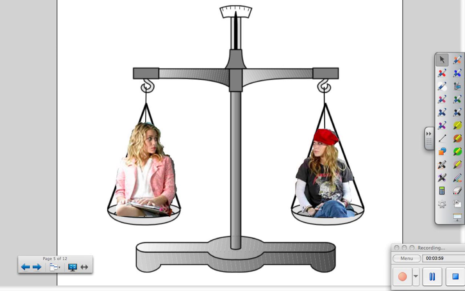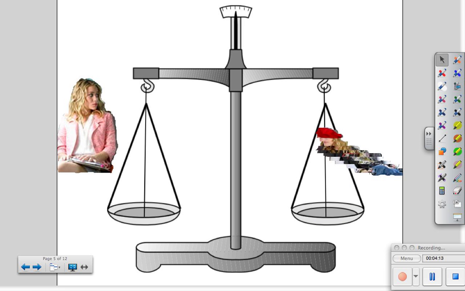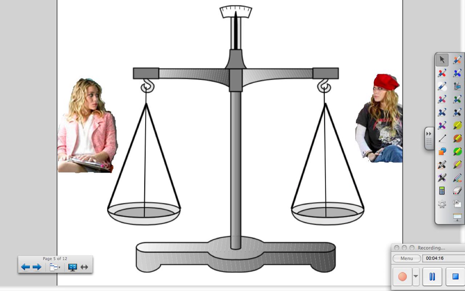Well, let's say the scales are balanced. If you've got Mary-Kate Olsen on one side and Ashley Olsen on the other side, if one Olsen sister steps off on one side, in order for the scale to be balanced, the other Olsen sister has to step off on the other side. As long as you're taking an Olsen sister away, you're still equivalent.